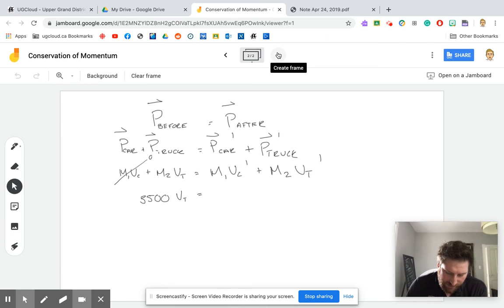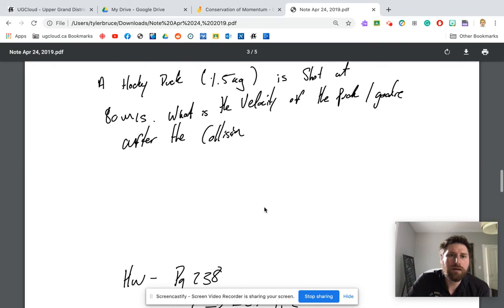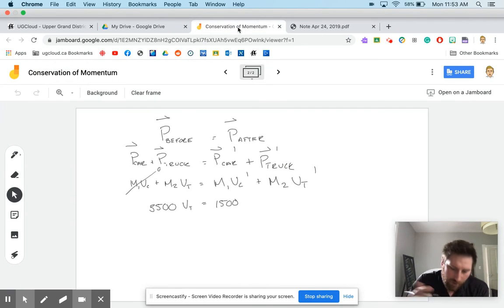So in this case, the car is 1,500, and the velocity of the car after is, let's say, 2 meters per second, plus the truck's mass times 6 meters per second.